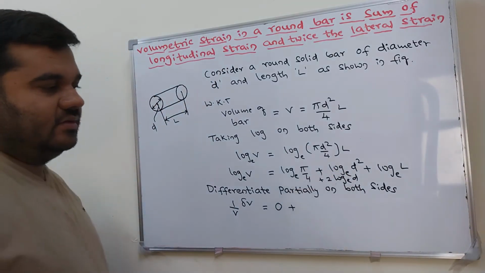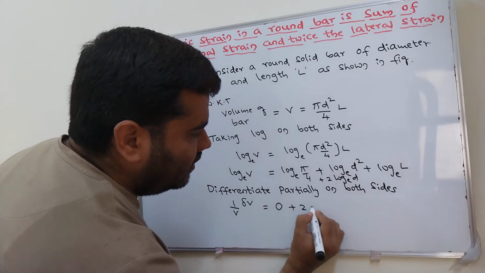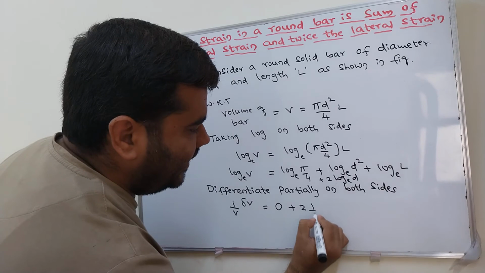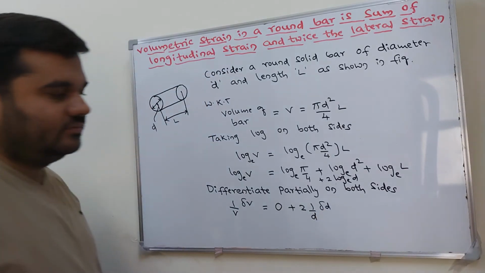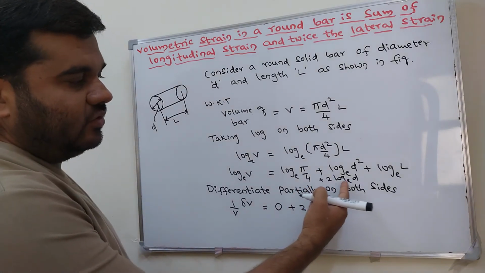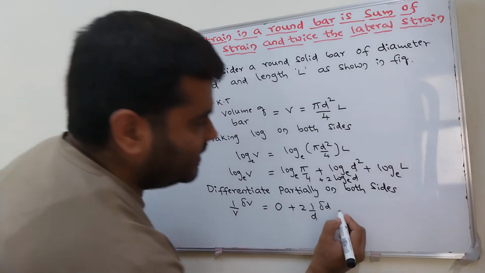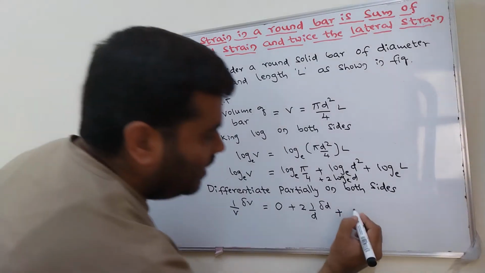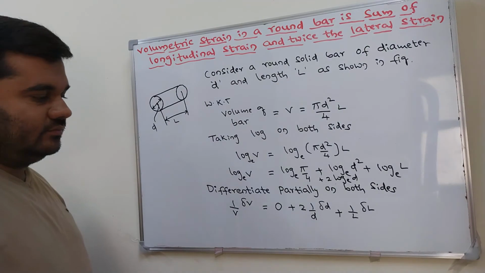This becomes plus 2 into 1 by d into dou d, plus the partial differentiation of log to the base e L, which is 1 by L into dou L.